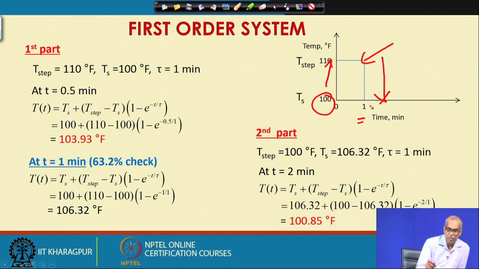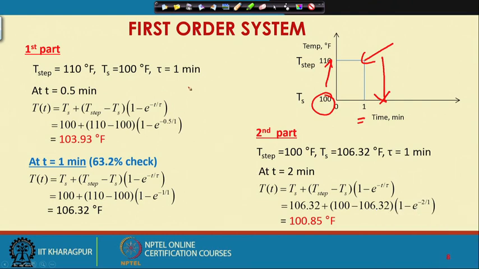So, in the first part I will make use of the equation which is y t equals y 0 plus A into 1 minus e to the power minus t by tau. Please note that this is minus t by tau. Y t is basically the temperature here, so T t.